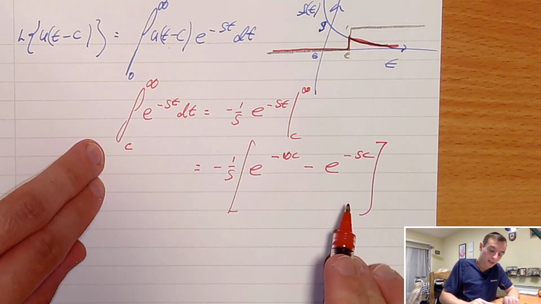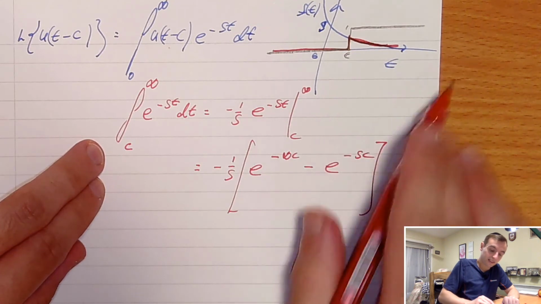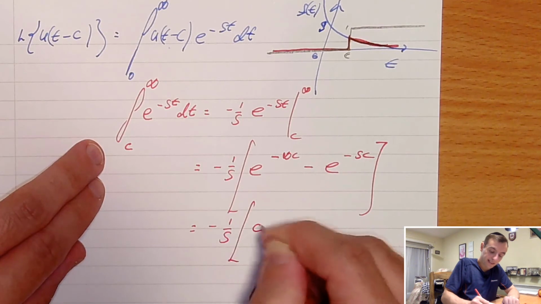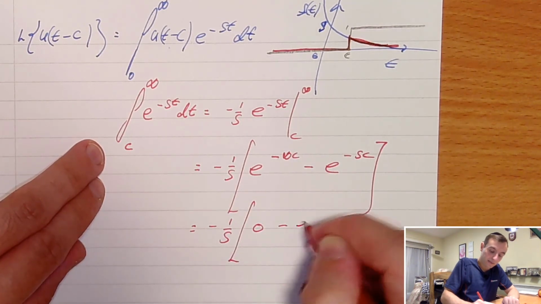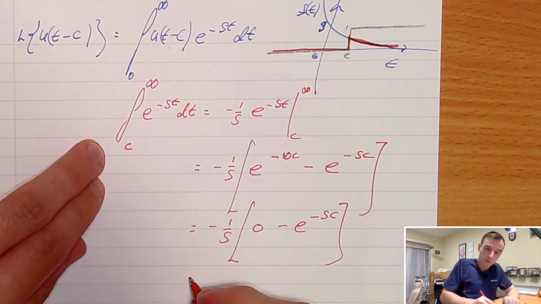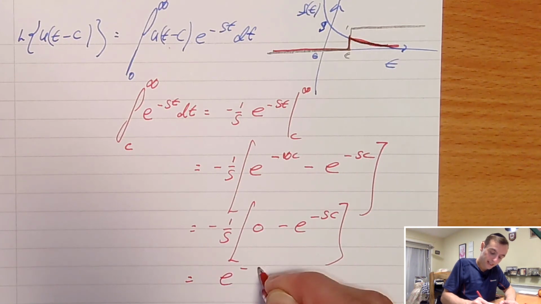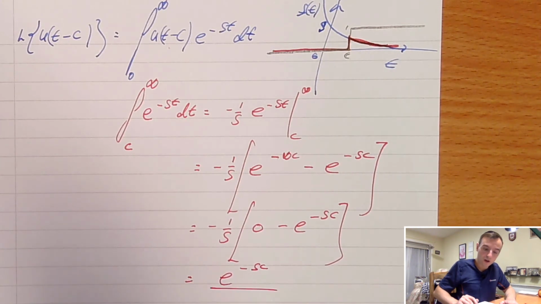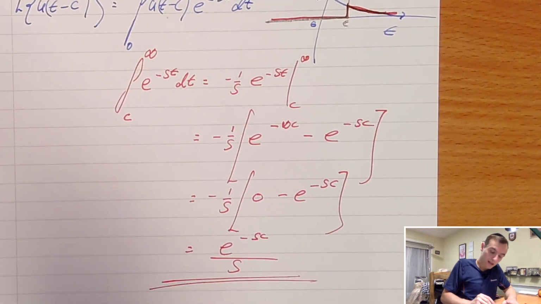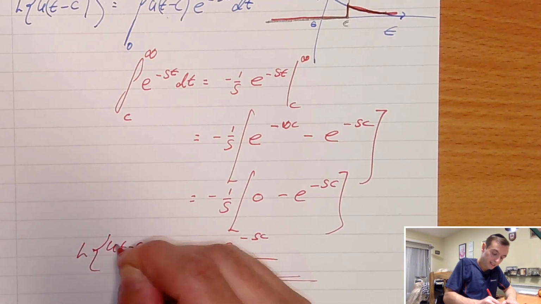We know e to the minus infinity is 0, as t tends to infinity. So minus 1 on s times 0 minus e to the minus sc, which is simply e to the minus sc on s. And that is the Laplace transform of u(t minus c).